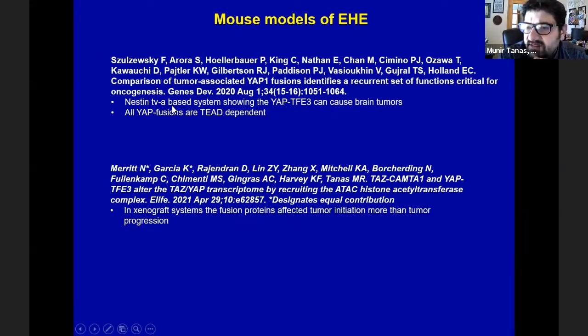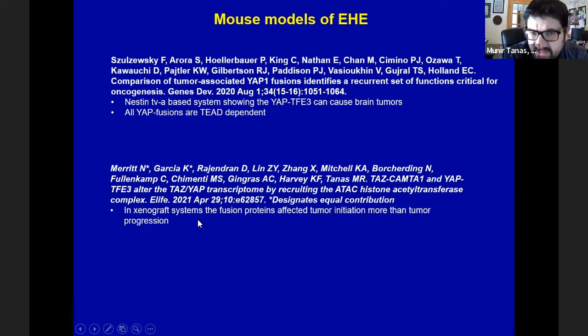What was interesting with this Nestin-TVA-based system is they were able to show that YAP-TFE3 can cause brain tumors, which shows that, interestingly, this fusion protein can transform cells that are not endothelial cells or endothelial precursors. That has a lot of really interesting implications for tumor biology.